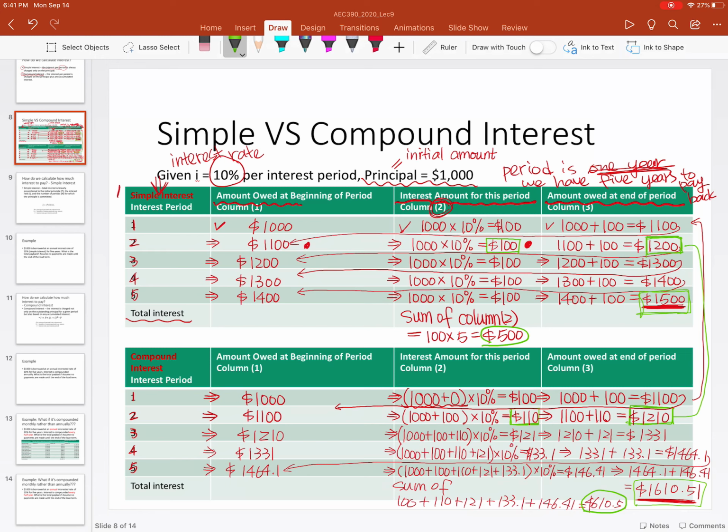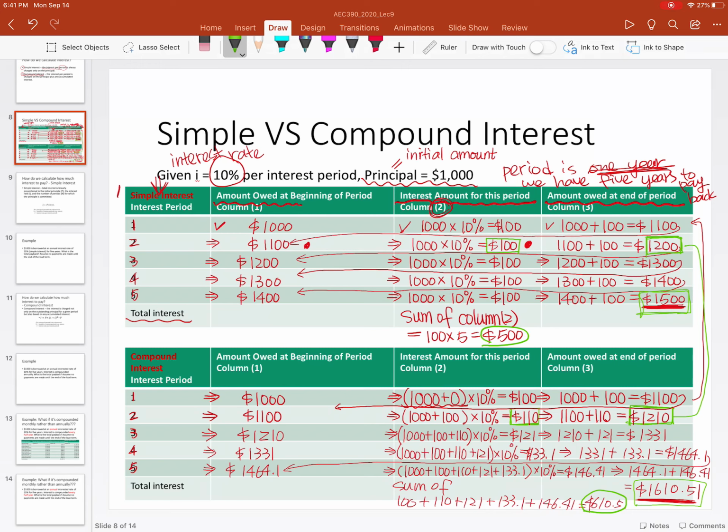And after you understand this, you might think, do I have to do this complicated calculation every time? Do I have to fill this form every time? What if I borrow the money for 50 years or 30 years? Do I have to do this countless times? Well, you don't.